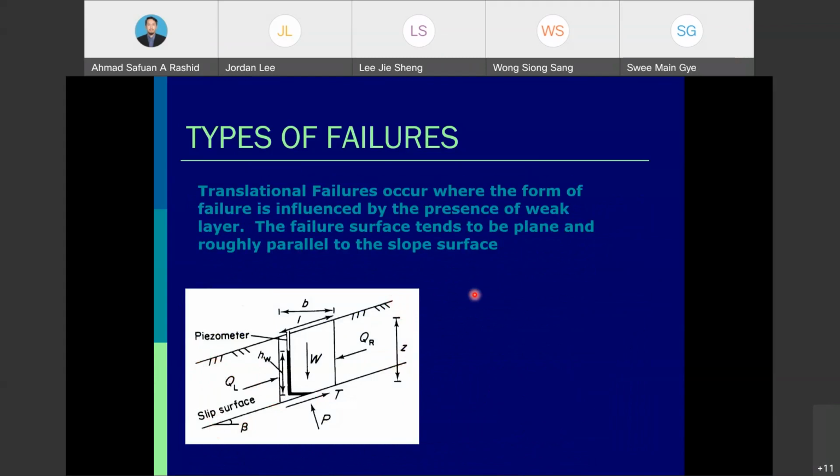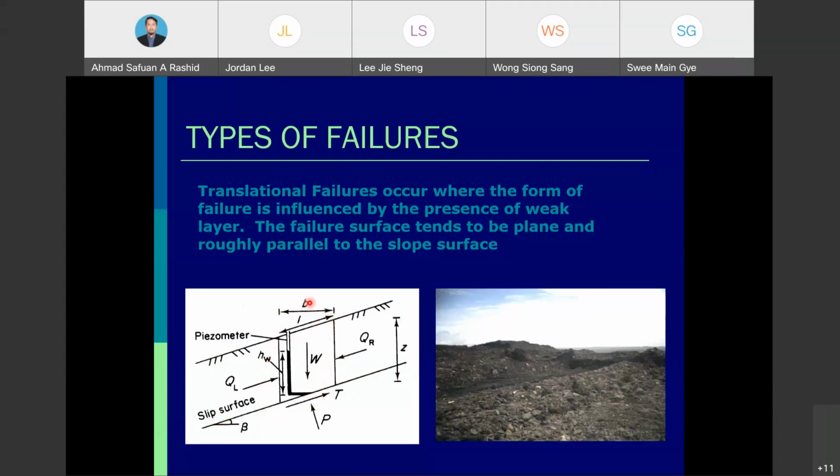It doesn't show any top and toe. The way that we analyze is based on a linear type of analysis. We just consider one section, B. From this, we can derive the equation for the factor of safety based on the shear stress and also the shear strength.